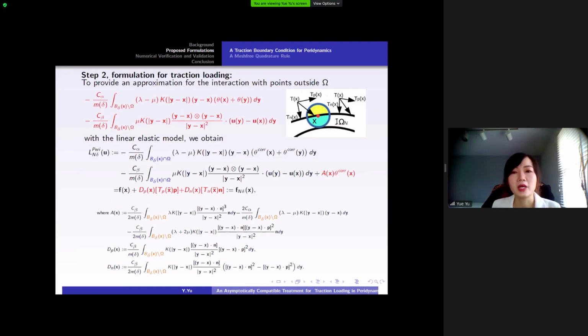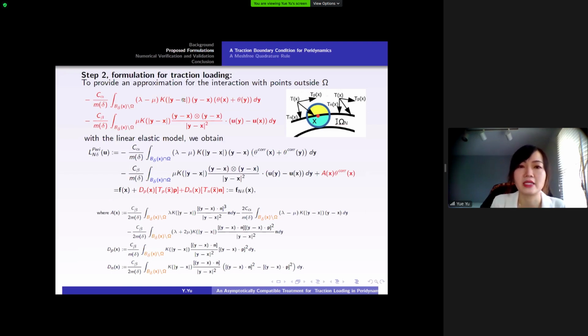For the momentum balance equation, let's take a look at what's happening when a material point is nearby the boundary. What is missing is that when we do the integration, we don't know the interaction between this material point and the material points in this yellow region. Those interactions are missing, so we want to provide an approximation for them.